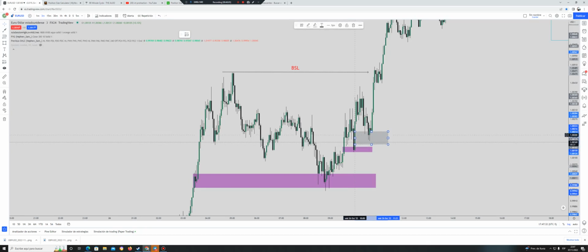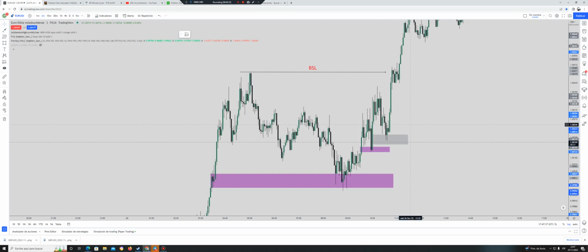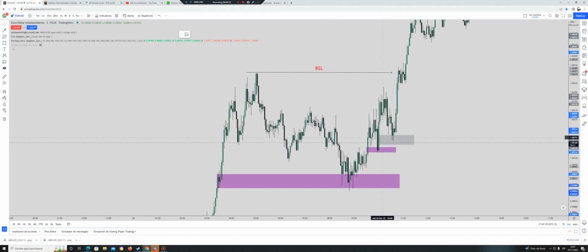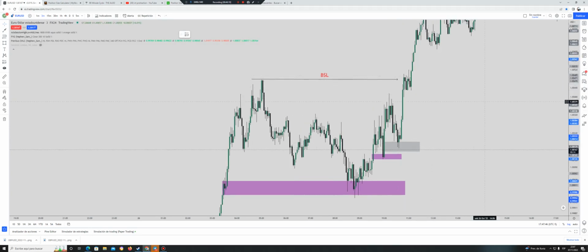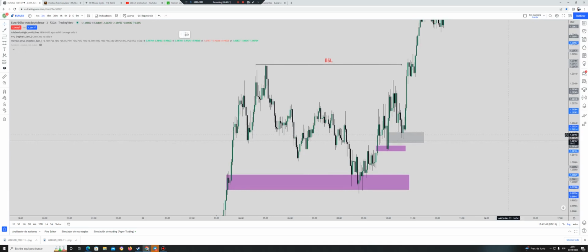In the seconds time frame you will see a fair value gap here, order block, and then 8:30 another buy to take that buy side liquidity. And this is the second way to trade the last cycle of New York.